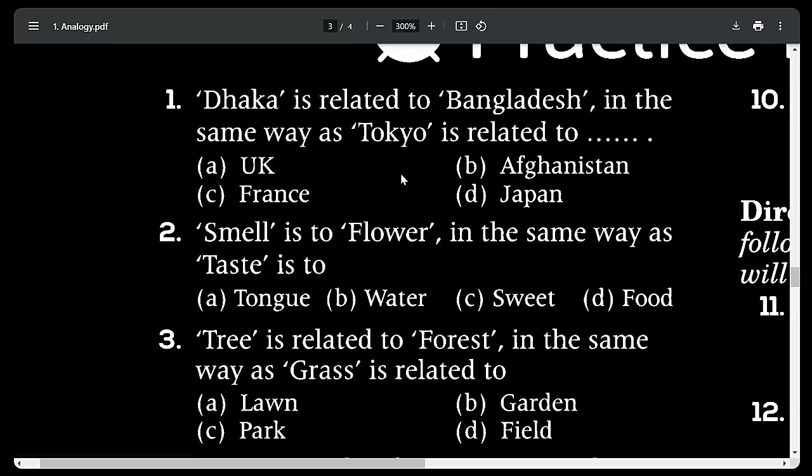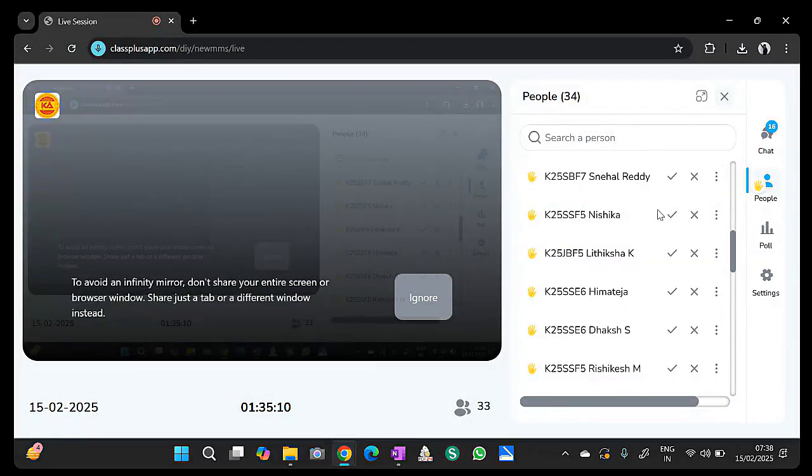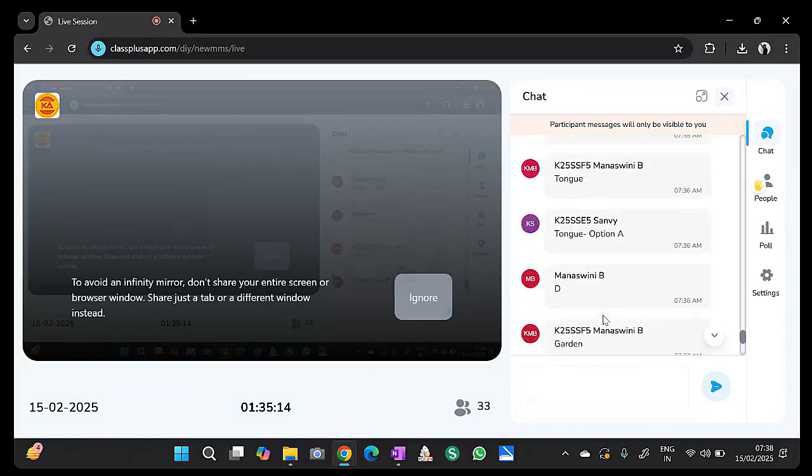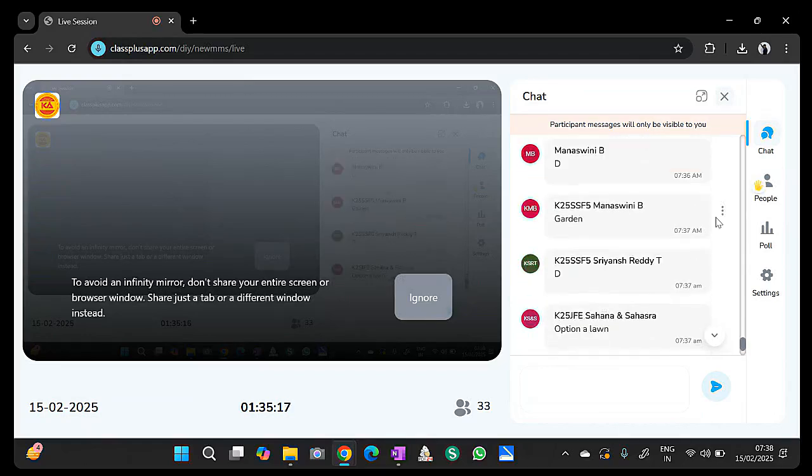I'm giving 1 minute, all of you think and answer. Okay, who is trying to give an answer? Snehal, Nikita. In the chat box also many students are answering. Somebody saying D, somebody saying C.